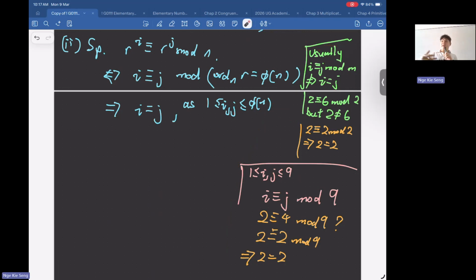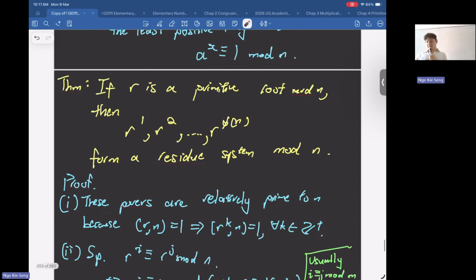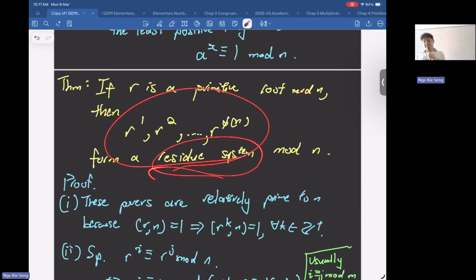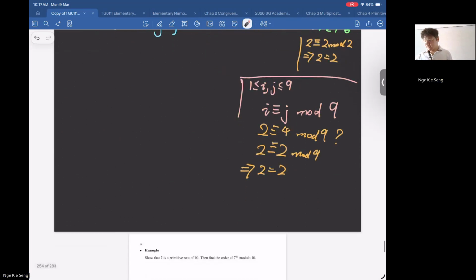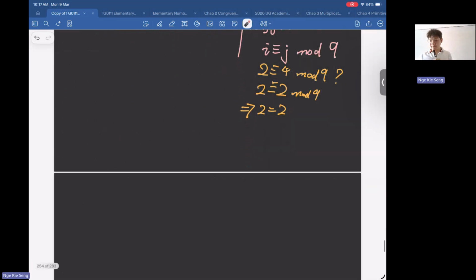So that's why taking different powers up to 5n, you will get a complete residue system. They are different and they are relatively prime. So this is one part of it. The other part that we finished off last time is this theorem here.